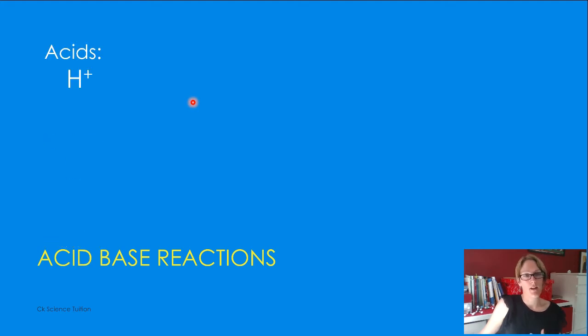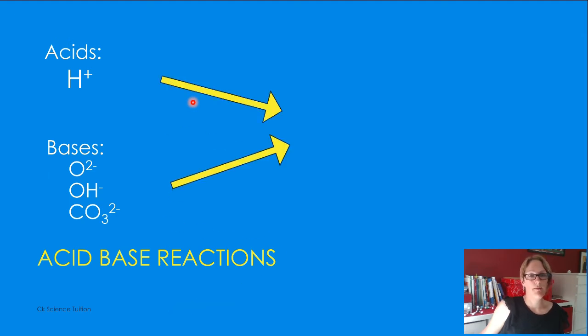Our acids contain hydrogen in the form of the hydrogen ion H+. Our bases contain oxygen, either in the form of the oxide ion O2-, the hydroxide ion OH-, or the carbonate ion CO3 2-. So we could write equations for how they react, the products that they make.